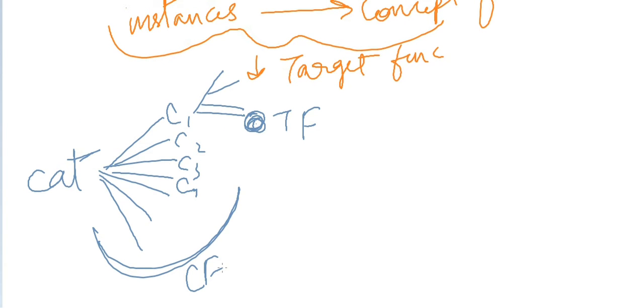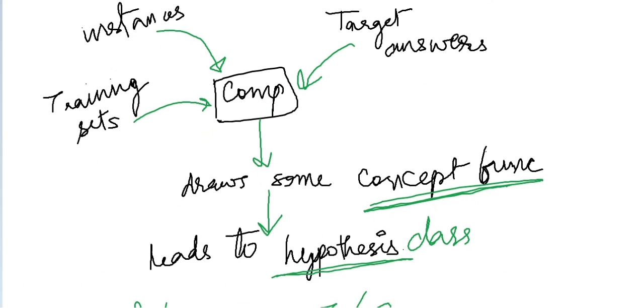So, talking about hypotheses now. What hypotheses are, right? When the machine recognizes your voice, it understands your instance and goes on to the concept function. There are hypotheses which actually lead to a target function, as we saw here.